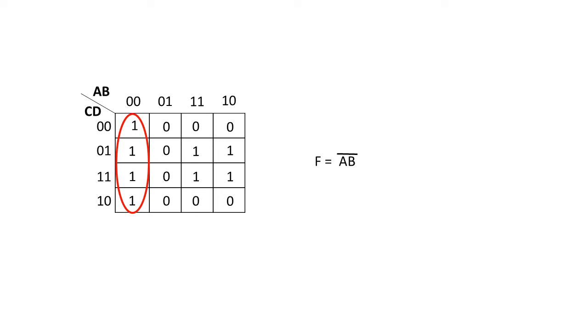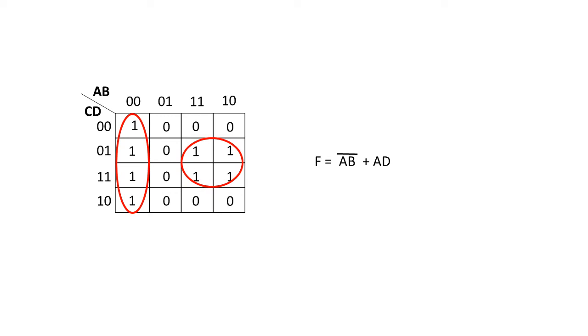Now let us take another group of 1s. We can select this group of 1s. See, all 4 consecutive 1s, this group we can take. So now put the position. See, A and D. Why have we taken A and D? Observe the position. B is not the same, B is changing.